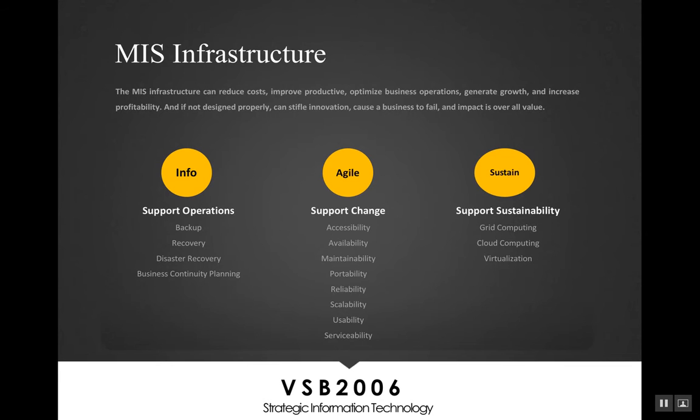When you turn your computers off, in a lot of ways you turn your business off. So disaster recovery, which is more of a technology approach, and business continuity planning, which looks at this from a business perspective, are part and parcel of a critical piece of what we deal with when dealing with MIS infrastructure.